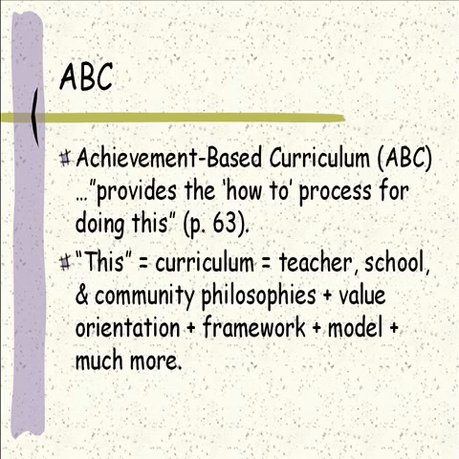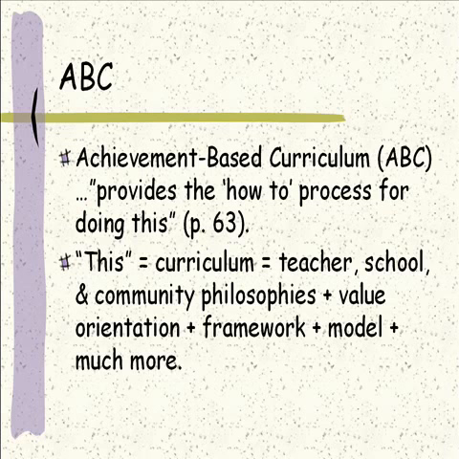Now, one of the models they talk about in Chapter 3 is the ABC model. I do not want you to select that model because we're going to talk about that in our class in detail. So do not select the ABC model. ABC stands for Achievement-Based Curriculum. On page 63, the authors say that it provides the how-to process for doing this.